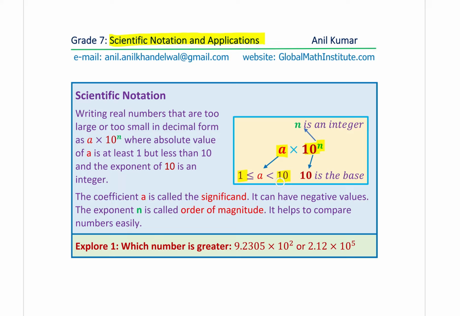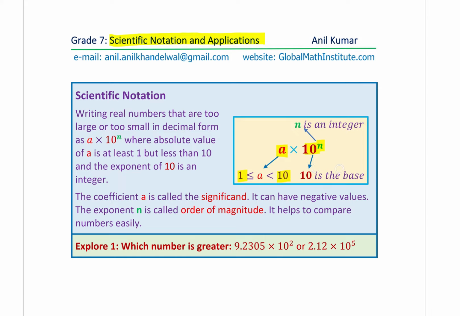A single digit number before decimal. That's what we are trying to say. And after that, we multiply that by 10 to the power of n. And n can be any integer. It could be a positive number or it could be a negative number, right?